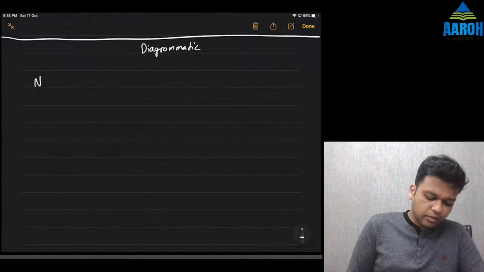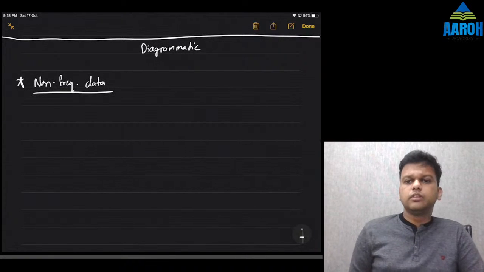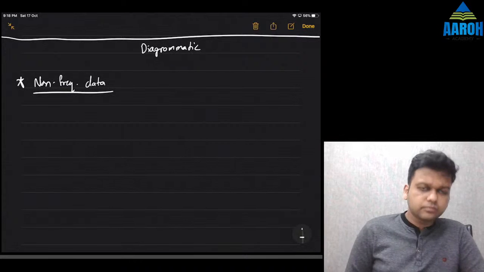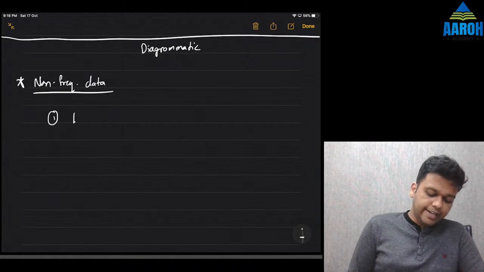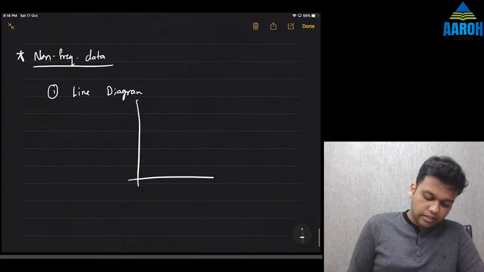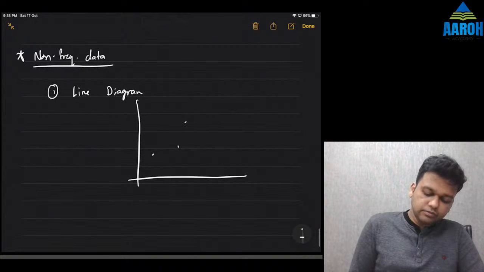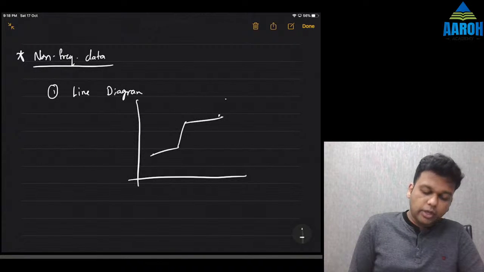First, let's see diagrams for non-frequency data specifically. Clear? Okay, good. So non-frequency data. First diagram that we'll see is line diagram. Line diagram is when XY points are plotted and we just draw a line joining these points.